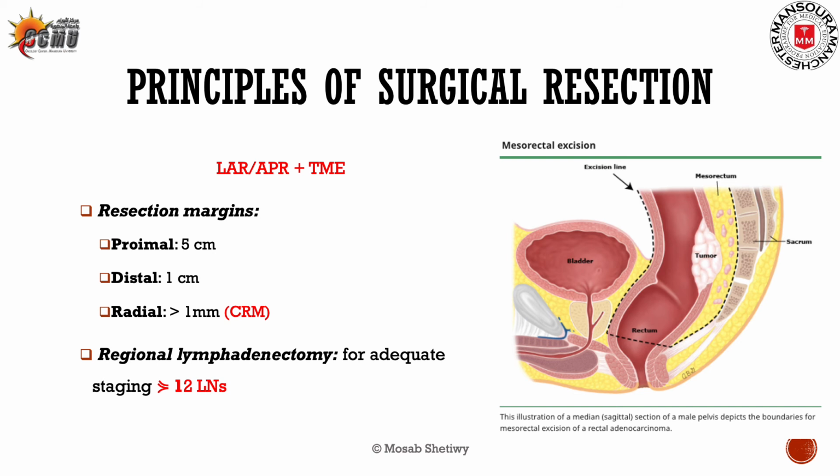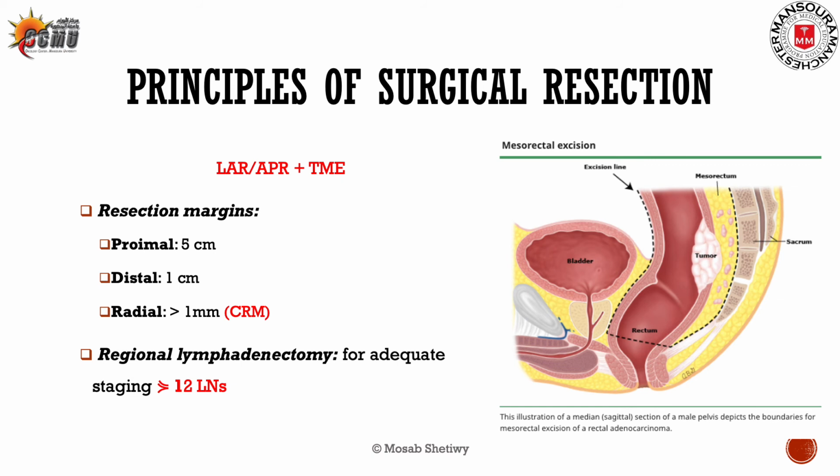But distally, because the rectum is smaller, and the rectum is actually in contact with important structures like the internal sphincter, 1 centimeter distal to the tumor is enough as a distal resection margin. And another term that you should be aware of is the circumferential radial margin, the CRM. A radial margin of more than 1 millimeter is enough as a resection margin.